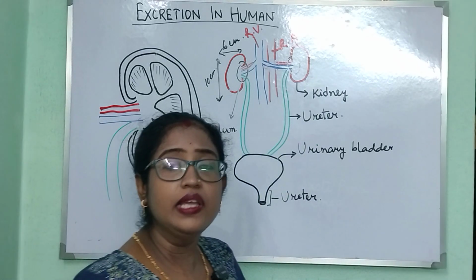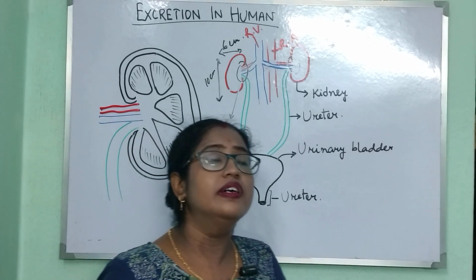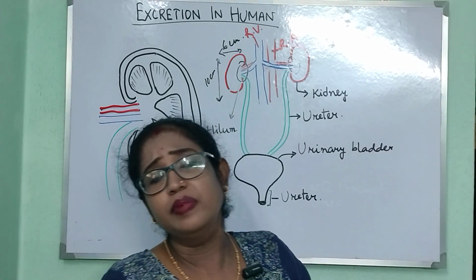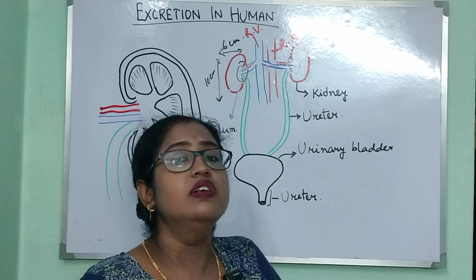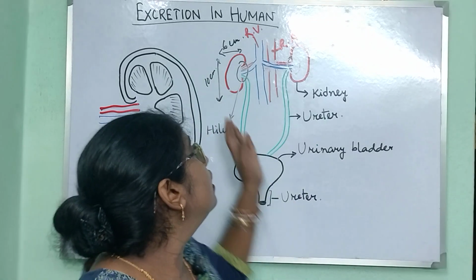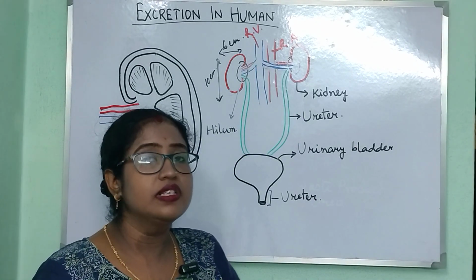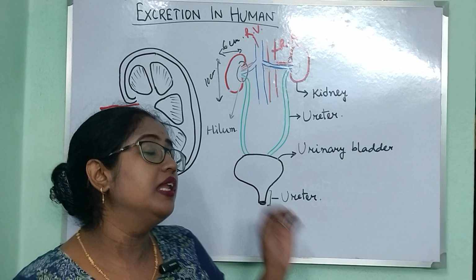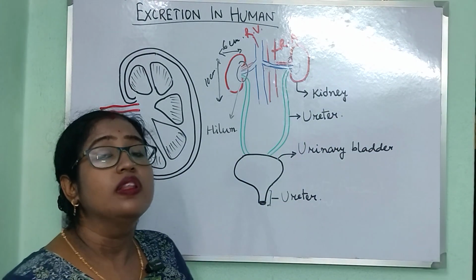And why is it purified? Because the kidney acts just like a filter machine to filter the waste products. So the vein that originates from the kidneys contains purified blood, and this purified blood is transported to the heart.